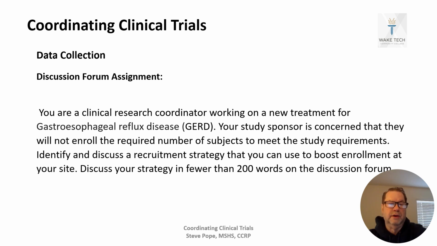And I'd like for you to discuss this strategy using fewer than 200 words and post it on the discussion forum. So think about what we've gone over in the lesson. Think about the disease indication, how you might go about identifying subjects, and then give me a synopsis of how you would go about doing that. Post it on the discussion forum.